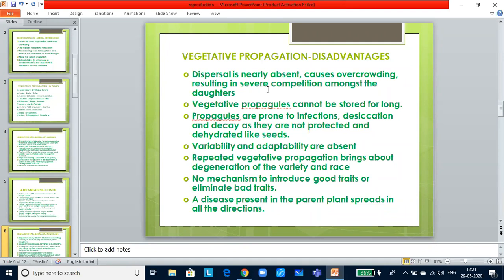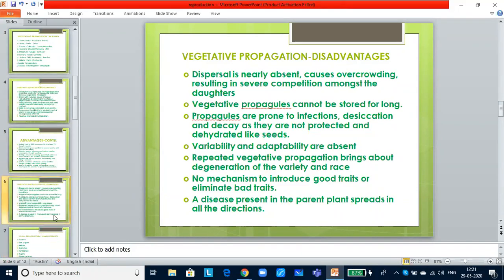So there is no mechanism for you to introduce good traits or eliminate the bad traits. If a disease is present in the parent plant, it spreads in all the directions. So we need to look into all these pros and cons and then decide whether a plant has to be subjected to vegetative propagation or should it go for sexual reproduction.